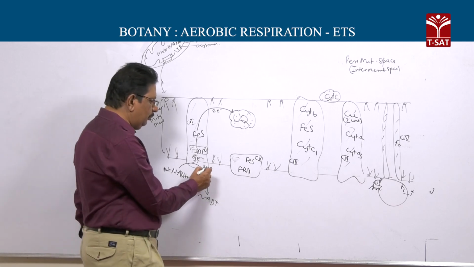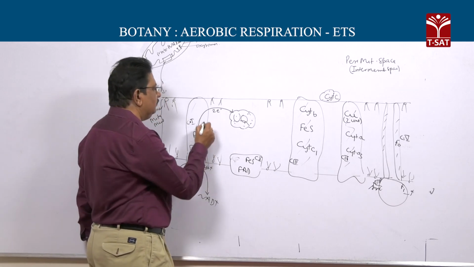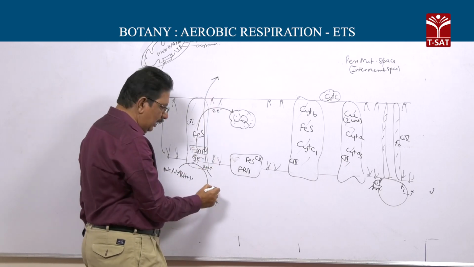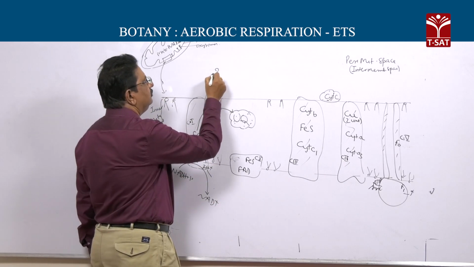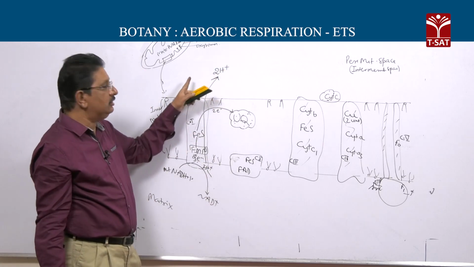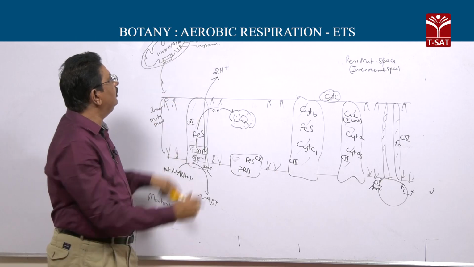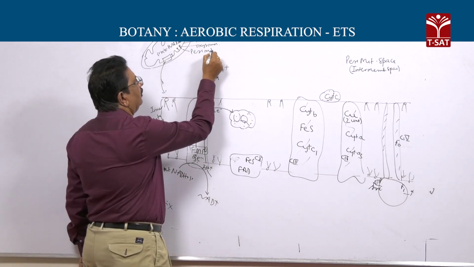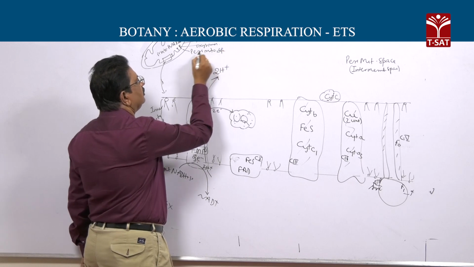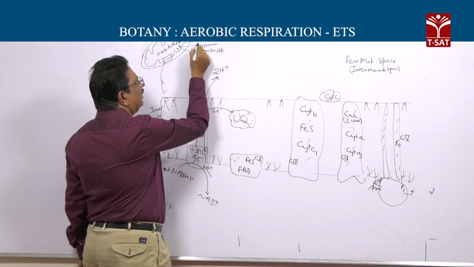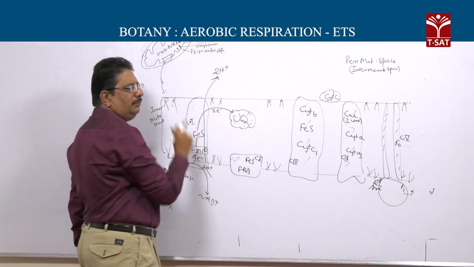In the meantime, the protons are transported from the matrix to the perimitochondrial space. This is the space between the outer and inner mitochondrial membrane.